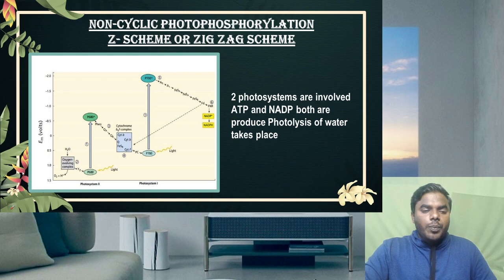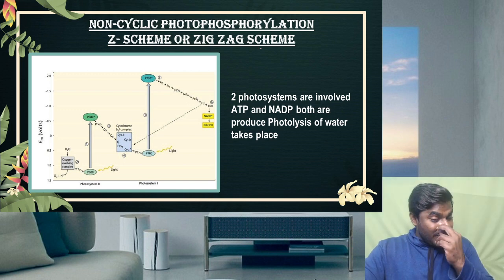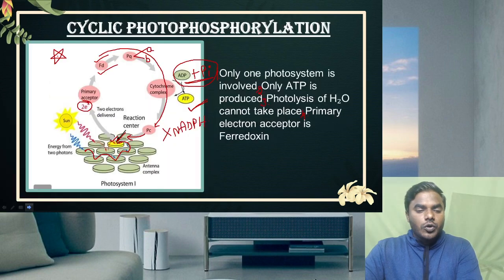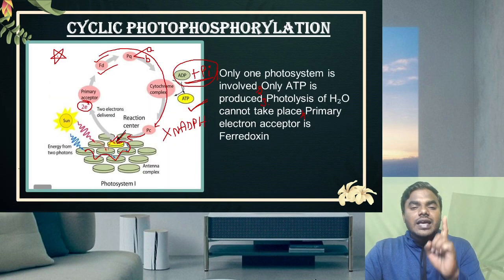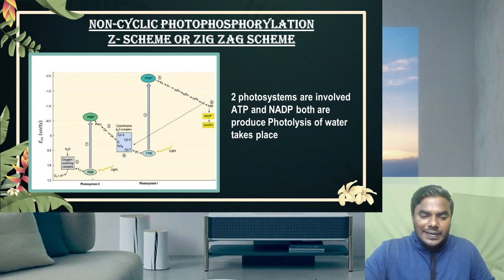Non-cyclic photophosphorylation, we can also call it the Z scheme, the zigzag scheme. Friends, what I told you is that in cyclic photophosphorylation there is involvement of only one photosystem. But in non-cyclic photophosphorylation, there are two photosystems. You are able to see the picture clearly.